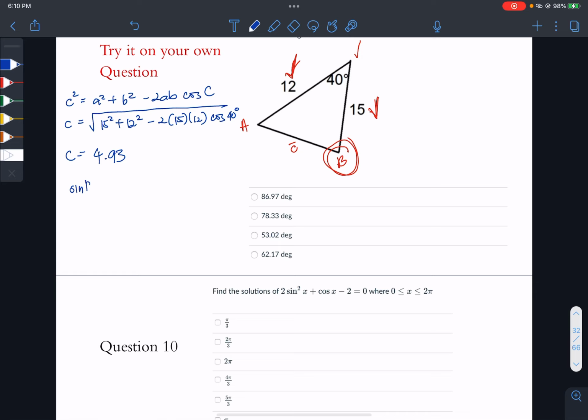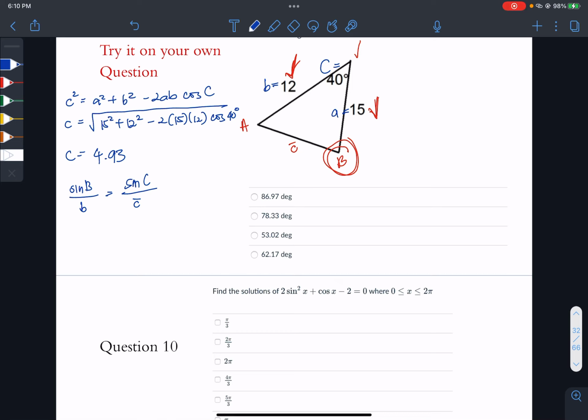So, sine B over B. By the way, B is 12, and then A is 15. Then sine C, so C is 40.